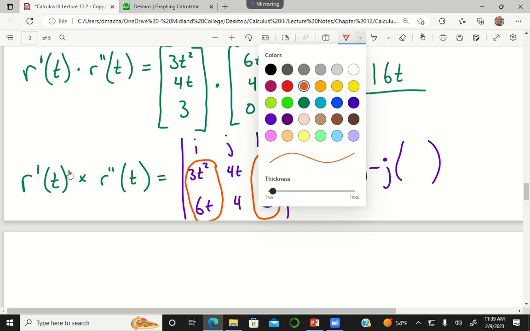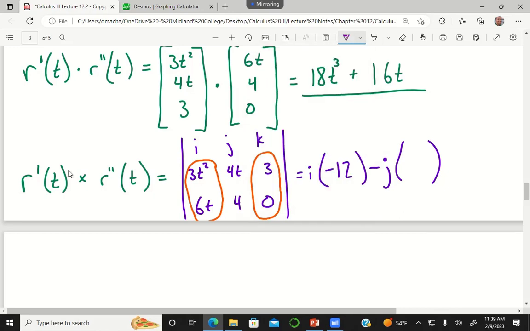And so it's going to be negative j times what? Negative 18t, yeah. So don't forget, the determinant is the upper left times bottom right minus bottom left times upper right. So minus 6t times 3.